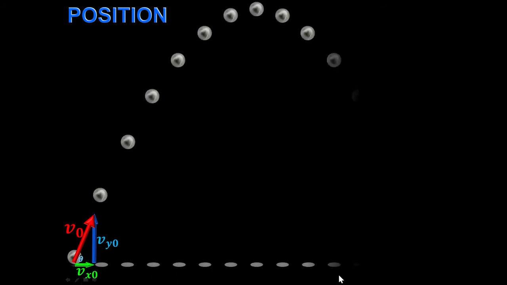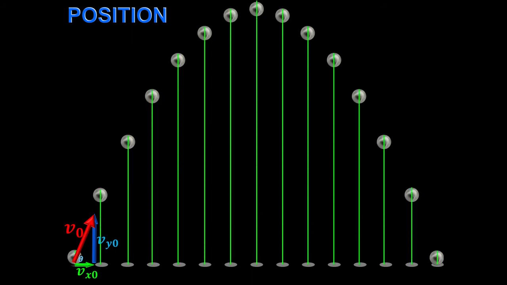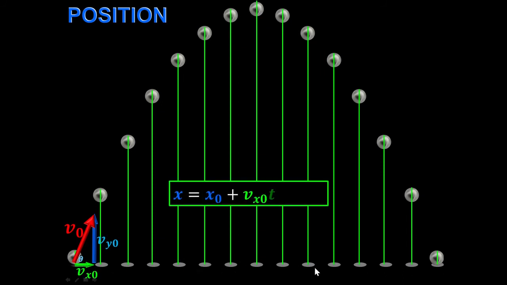So if we take a ball and we launch it off at some angle here, the ball is going to fly through the air. But let's take our independence of motion idea again. Let's take a bright light and shine it straight down so that we see the shadow of the ball moving at various times. As that ball flies and arcs through the air like this, the ball is going to be in the exact same horizontal position as something moving at a constant velocity.